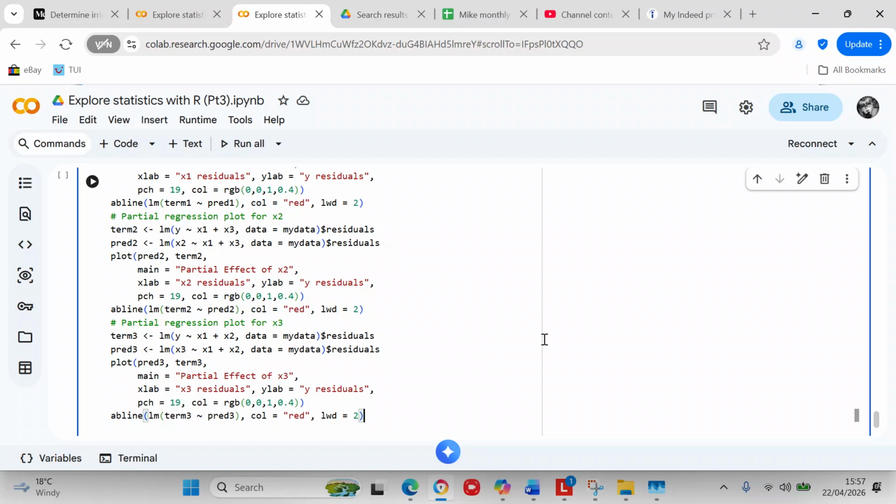pch equals 19, that's the type of the dot. col equals rgb, and rgb has to do with colors. It's a vector: 0, 0, 1, 0.4. And then we're going to put a line in the plot: abline(lm(term3 ~ pred3), col = "red", lwd = 2).